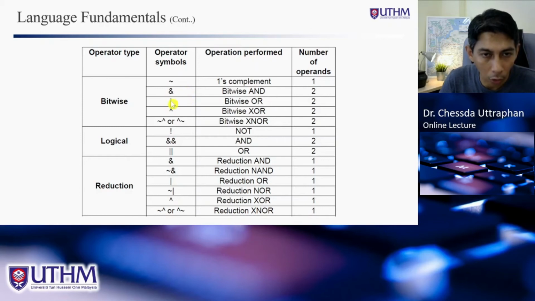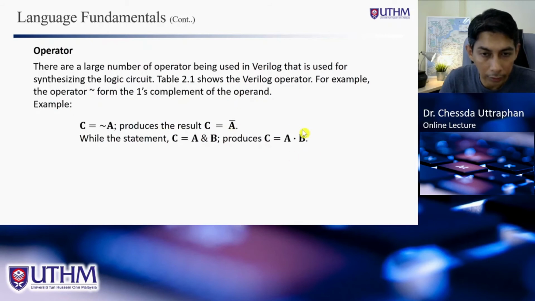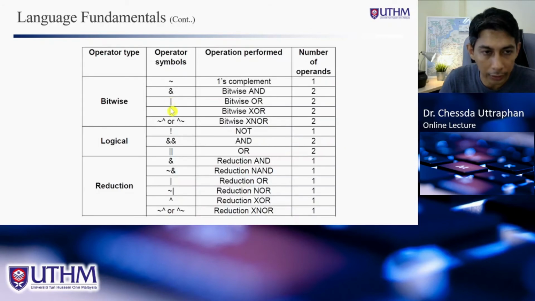This is AND, this is OR. All right. If we use this, for example, it will be synthesized to an AND gate. If you want an OR gate, you can use this. If you want an XOR gate, this is the symbol. If you want the XNOR, you can use this one or this one, either one, both are correct.